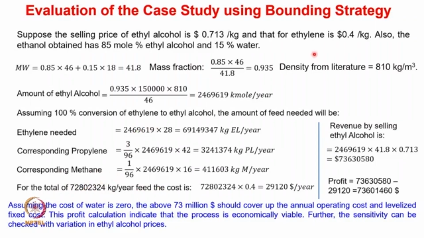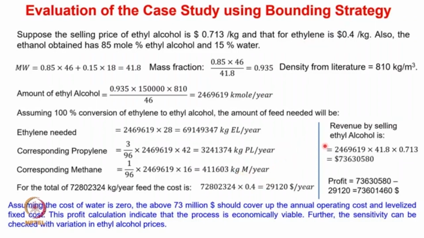We can multiply by the cost of the ethylene, which is 0.4 dollar per kg. So that gives us the cost of the raw material required. In this case, this amount is multiplied by 0.4, so that gives around $29,120 per year. This much amount is required as a cost for ethylene.